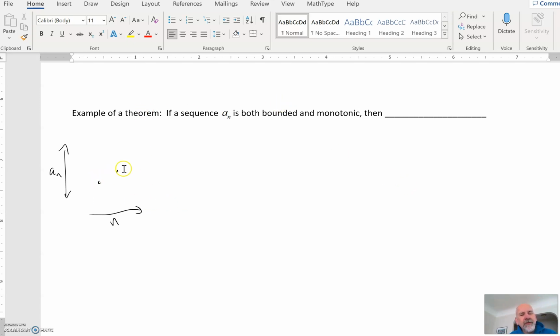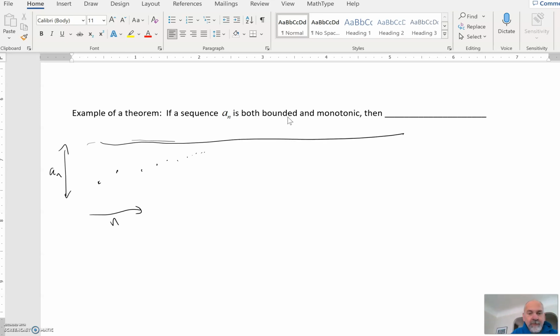So the first term, the second term, but wait, hold on a second. It's monotonic, so given that I've gone up initially, it has to keep going up. It could stay the same for a moment, but it has to keep going up, or stay the same, or keep going up, or stay the same. But wait a minute, it's also bounded, meaning there's a top limit. There's some number that it can't possibly go past.